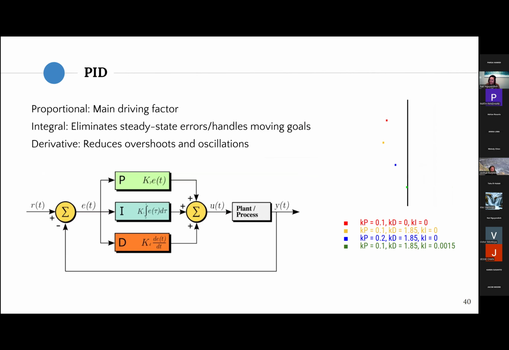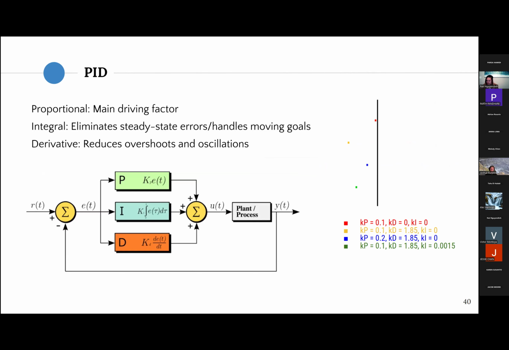When we combine all of them, that's our PID controller, and that lets us accurately track a moving target. On the right, the red one is when our proportional term is okay, but we can't properly catch up because we don't have any integral and it's a moving target.